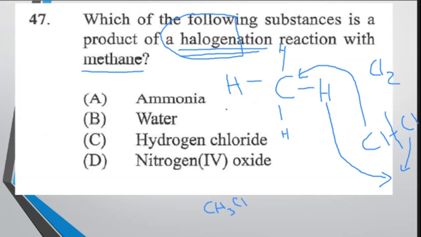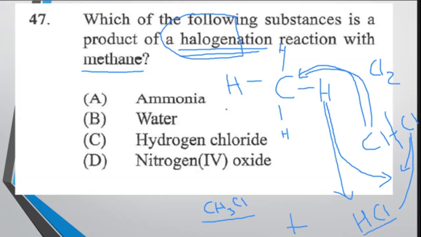Where would that chlorine have come from? Right here. The chlorine replaced the hydrogen. So I end up with CH3Cl, plus H from here and chlorine from the Cl2 to give me HCl. So I'll have 2 products being formed. CH3Cl is one and HCl is the other. HCl is the same as hydrogen chloride.